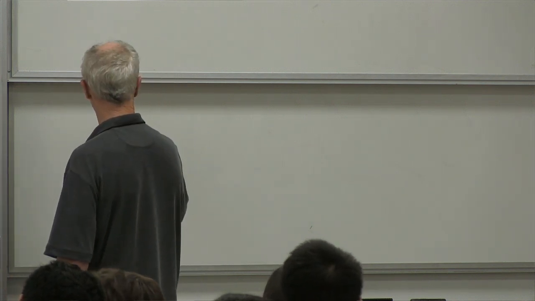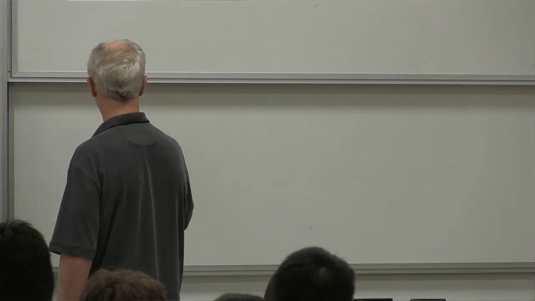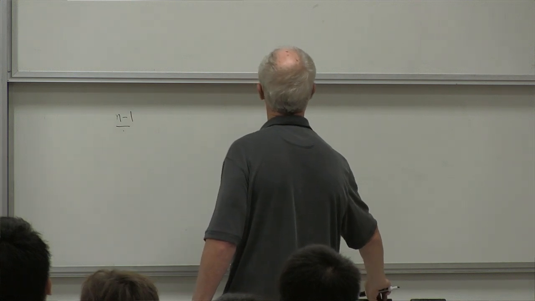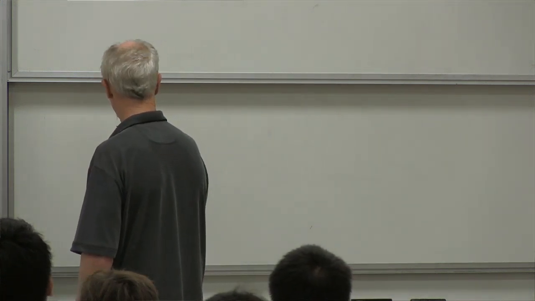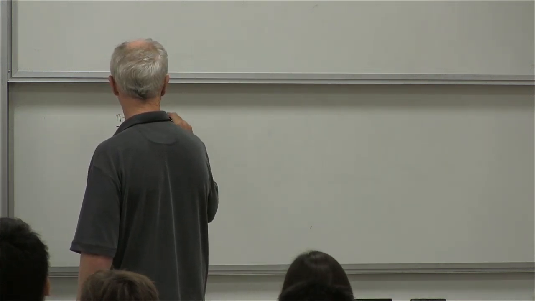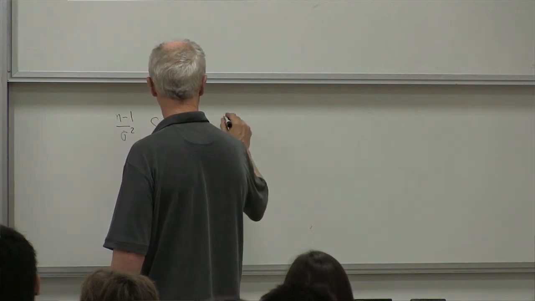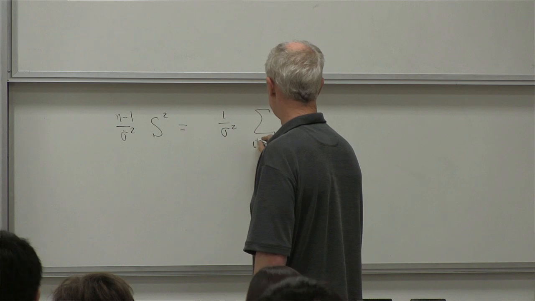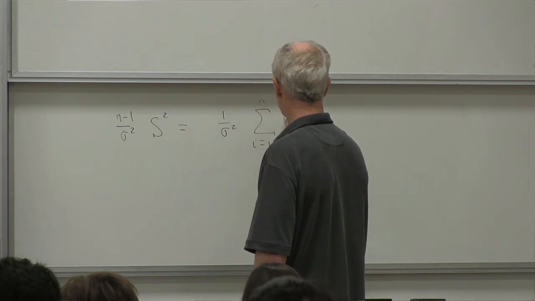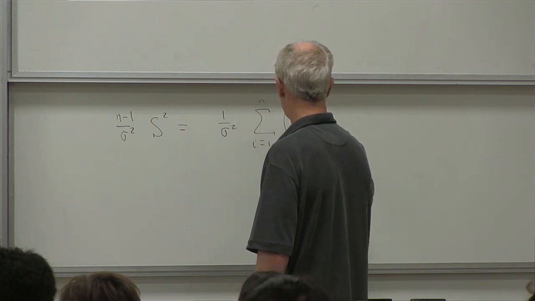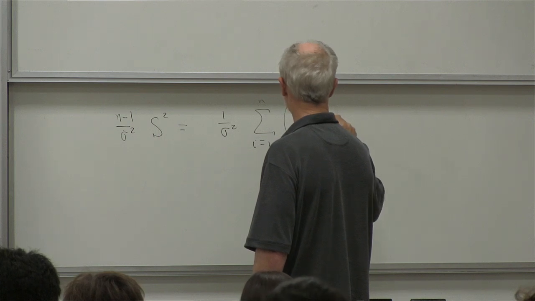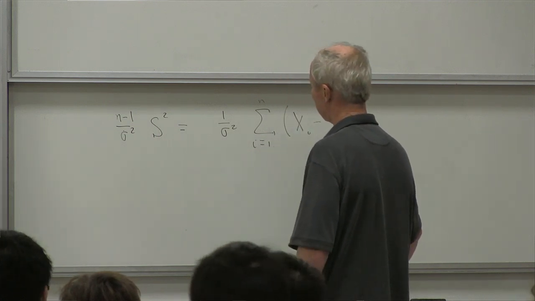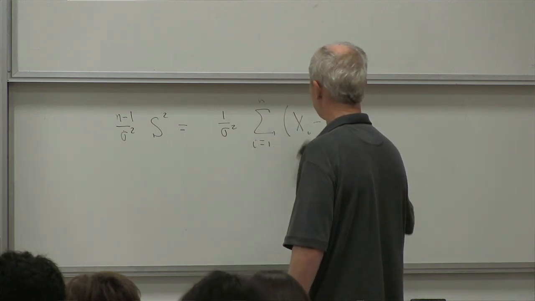What would (n minus 1) over sigma squared times s squared equal? That would be 1 over sigma squared, the sum from i equal 1 to n of xi minus... no, I don't want to start with this.